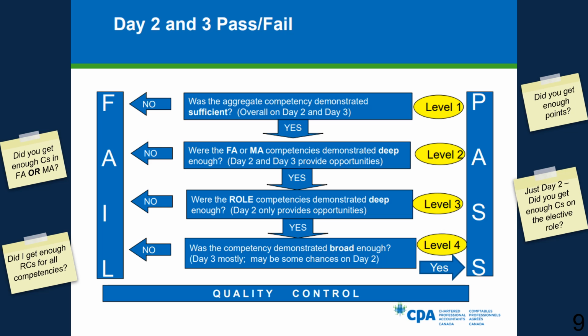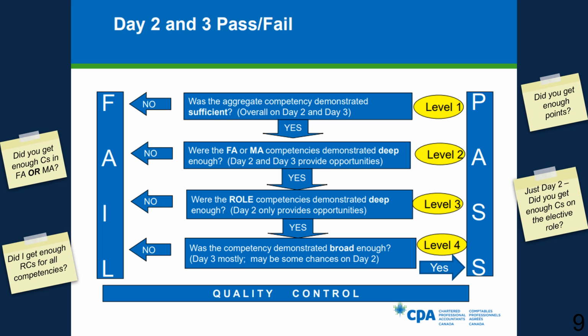The next question asks, was the financial accounting or managerial accounting competencies demonstrated deep enough? In other words, did you get enough C's on your FA or FM? However, anyone that wants to get their public accounting license has to get enough C's on their FA, and it's not an either or between the two. The third question asks, were the role competencies demonstrated deep enough?